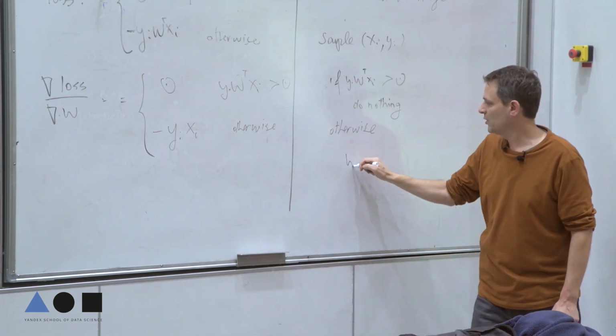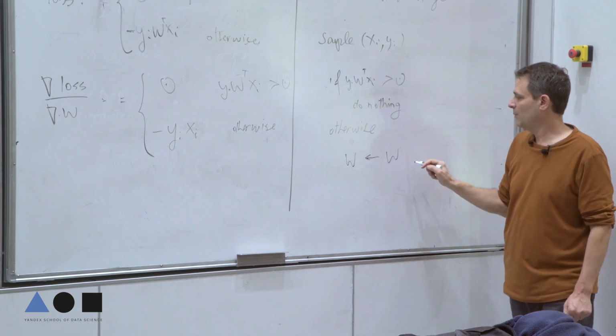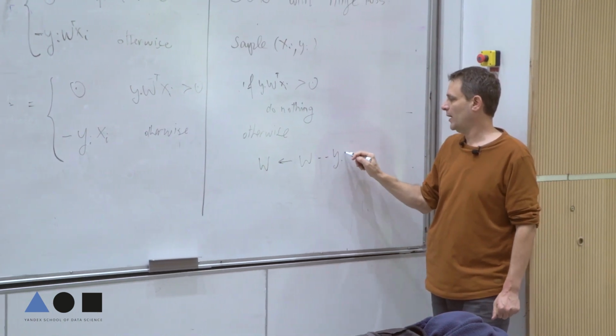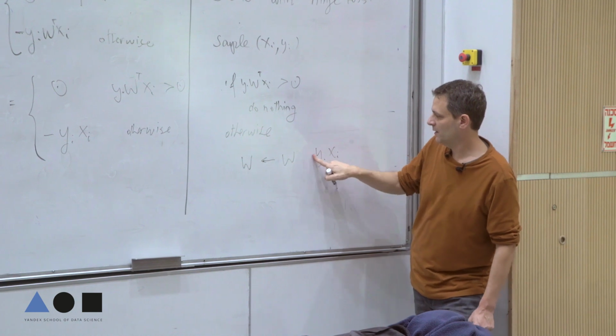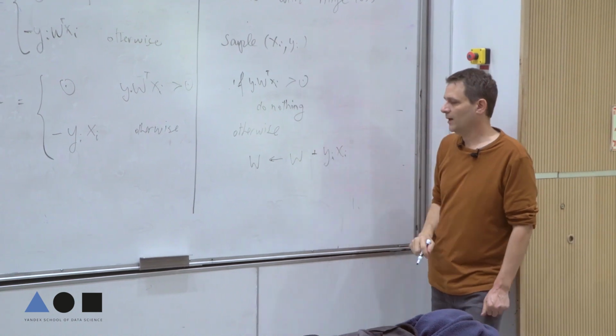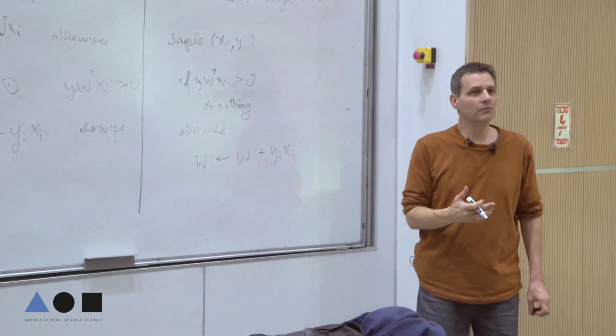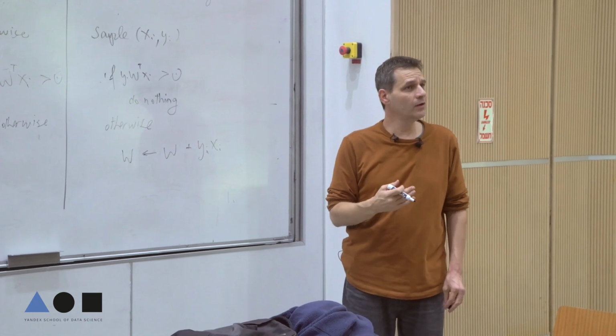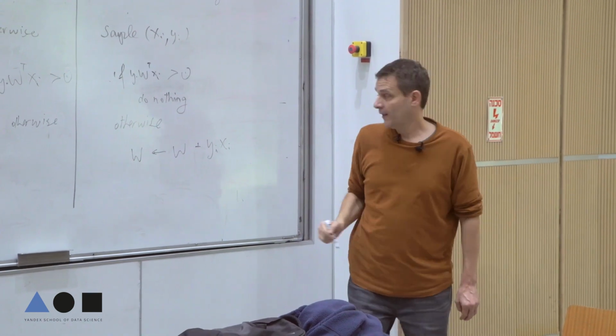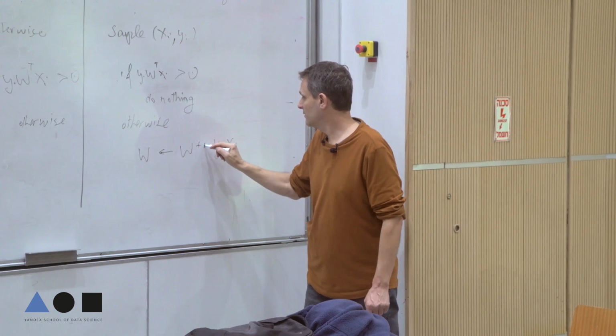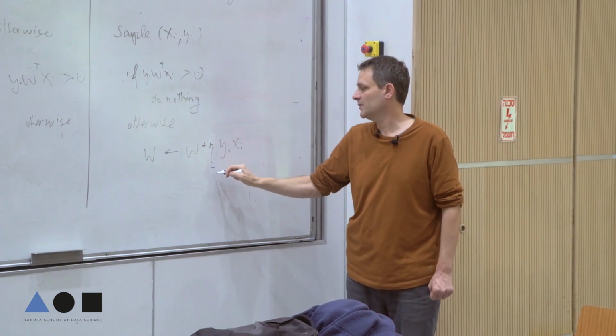So the gradient step is going to be w minus the minus yi xi. So this is basically plus xi. And sometimes in stochastic gradient descent, you have a step size. There's a parameter here that could be the step size.